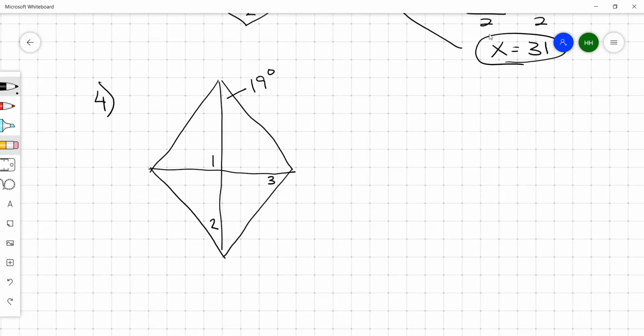What do you know about the diagonals in a rhombus? Don't they intersect at 90? So angle 1 equals 90, which means that the four angles in the middle equal 90. So this one's 90, which means this one's 90.